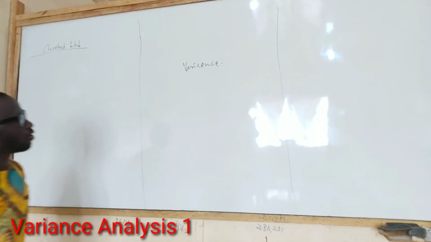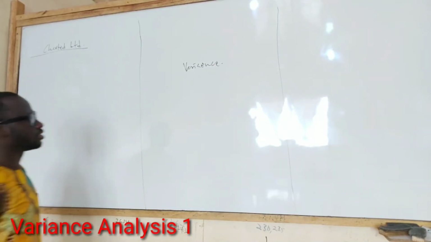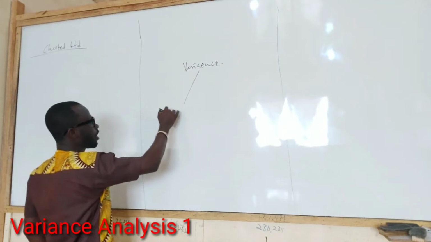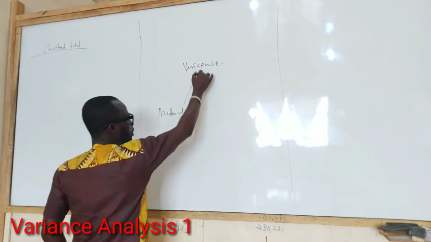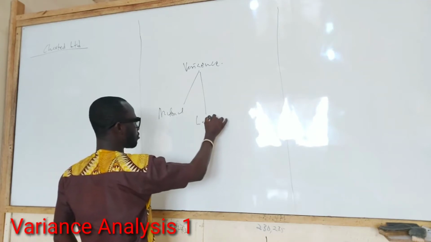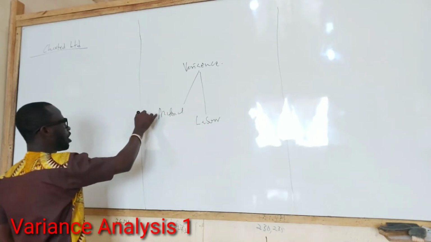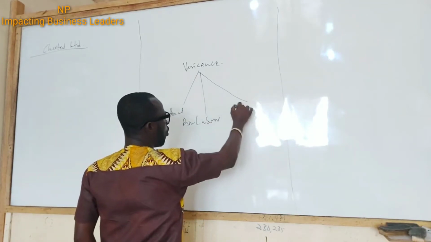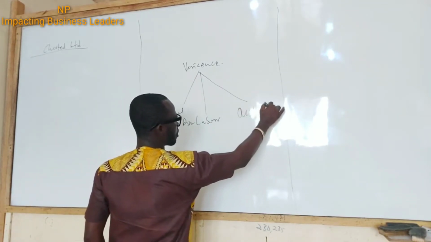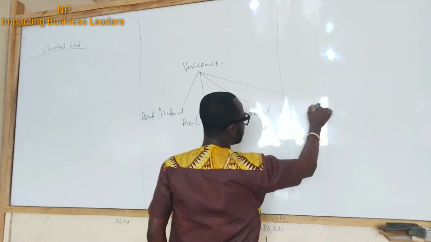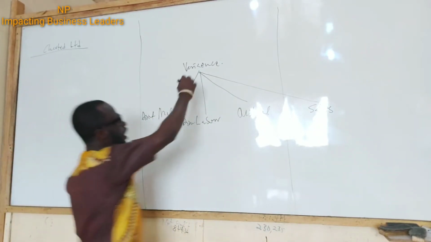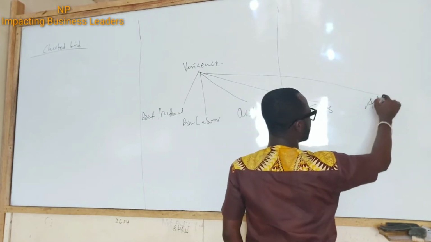we have what we call the variance tree, and that is, we have the material there, we have the labor there, direct material to be specific, direct labor, and then we have the overheads, then we have the sales there, then we have some advanced variances.